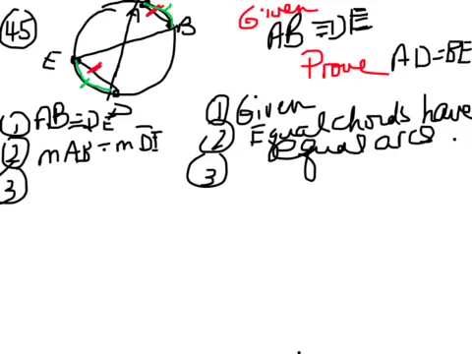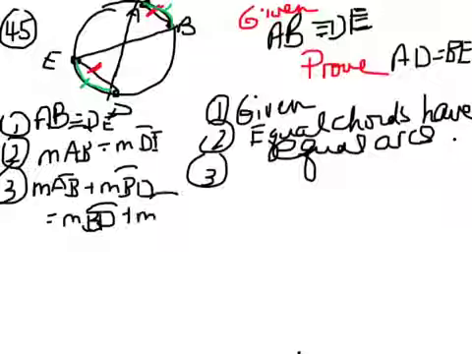All right, now the measure of arc AB plus the measure of arc BD, so AB plus BD, that's a semicircle, isn't it? So it would be equal to the measure of arc BD plus the measure of arc DE.